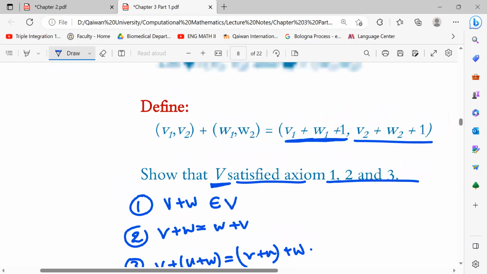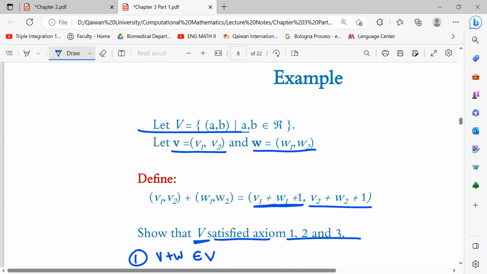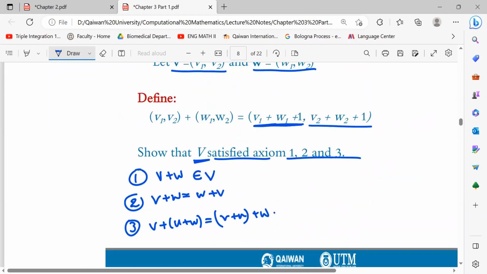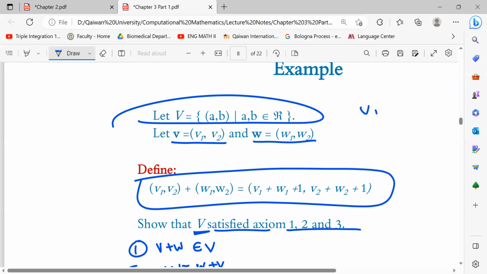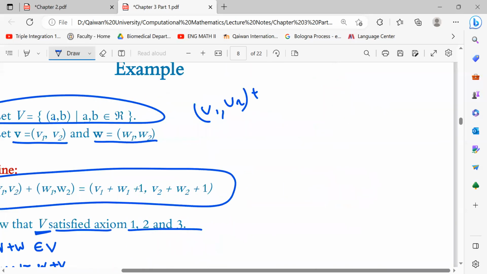Here, this vector must satisfy these three conditions. If we have this definition, this is the definition. So we say V1, V2 plus U1, U2 is equal to what? Based on this definition, what's the sum of those two vectors?